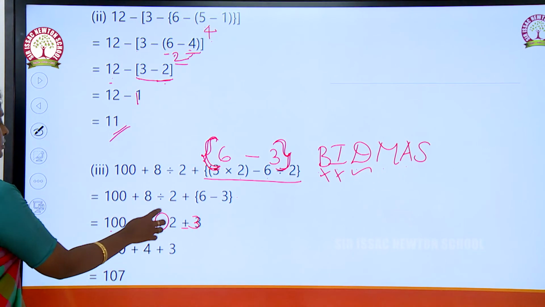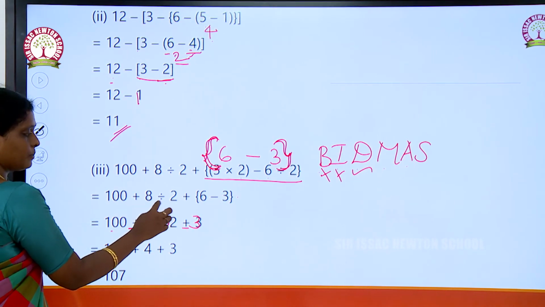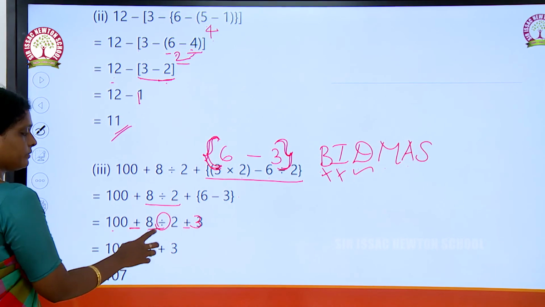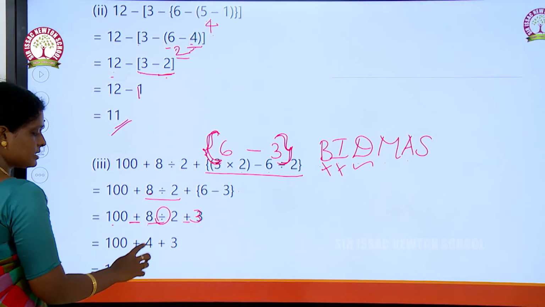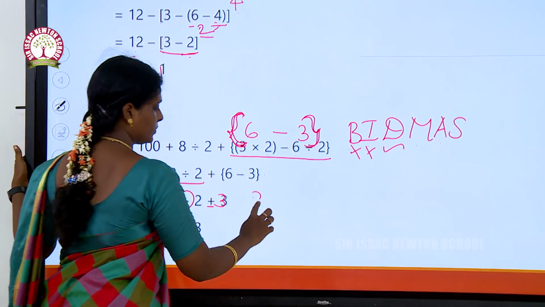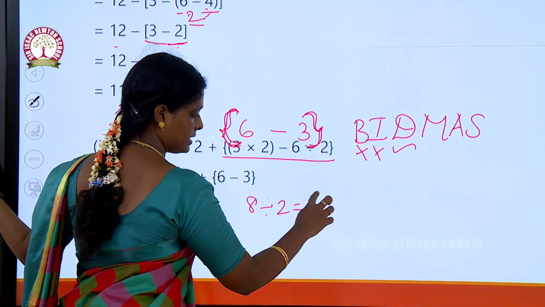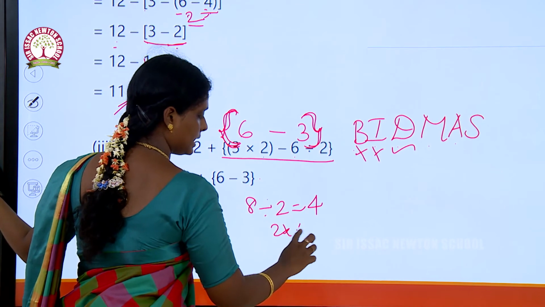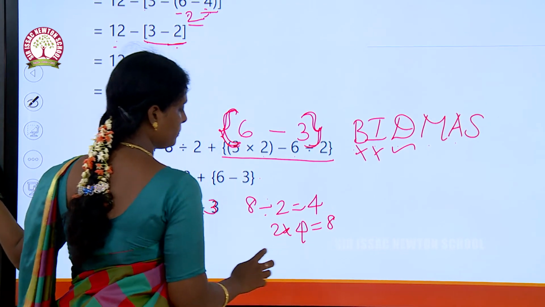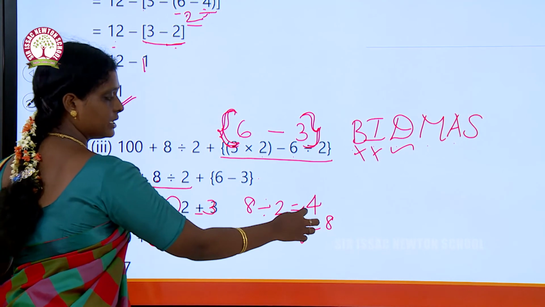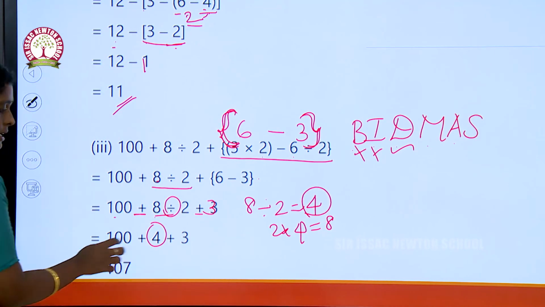Okay. I am going to divide this 8 by 2. So if we divide 8 by 2 you will get 4, which is 2 4s are 8. So here it is 4.